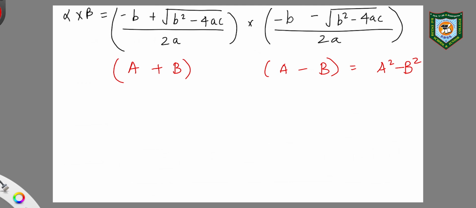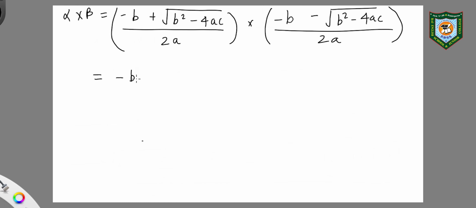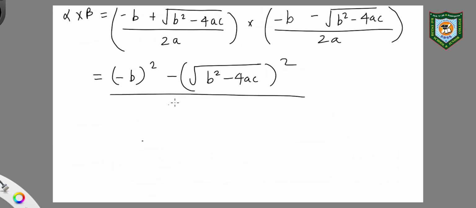Now in this case, the denominator has to be multiplied and has to be excluded from the numerator values. So all I have to do is multiply the numerator, as both of them are in the form of a plus b and a minus b. So here I get minus b whole square minus under root b square minus 4ac whole square divided by 2a whole square, as 2a times 2a becomes 2a square.